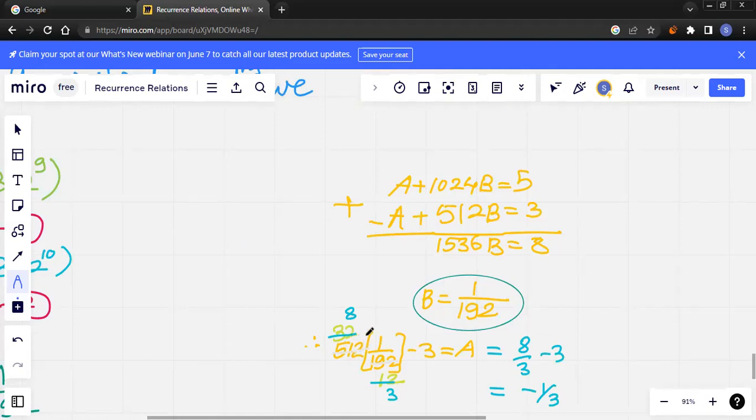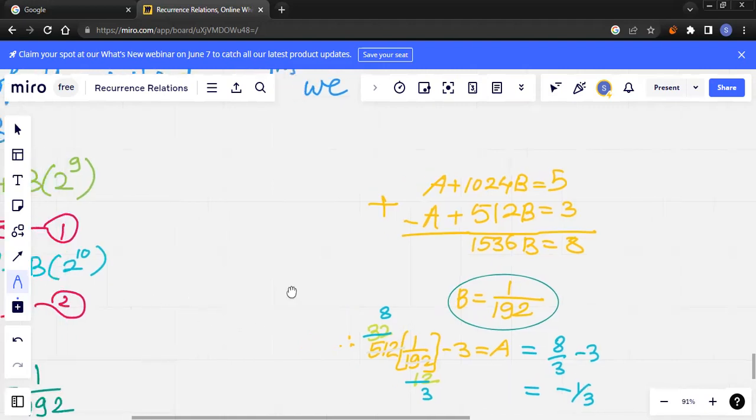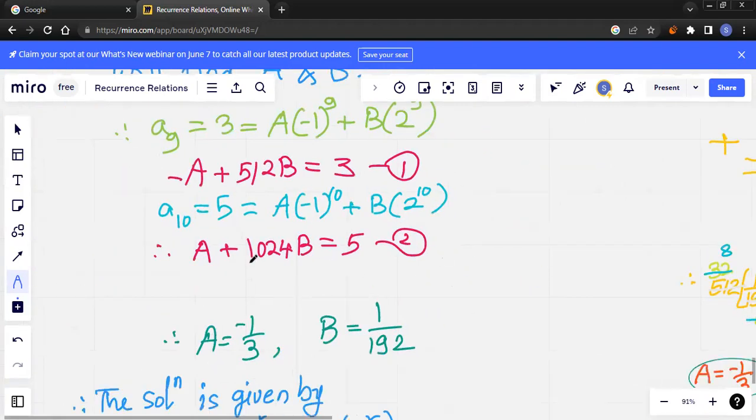So 16 twos are 32, and here it is 16 ones are 16. 3 is left, 16 twos are 32. Then again you find this 32 and 12, they are divisible by 4. So 4 eights are 32 and 4 threes are 12. So you got this to be 8 by 3 minus 3. So what you will get? 8 by 3 minus 3 meaning (8 minus 9) by 3. So it is minus 1/3. So the answer is minus 1/3 here.